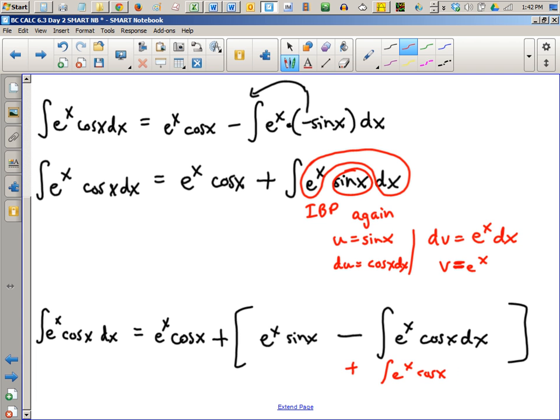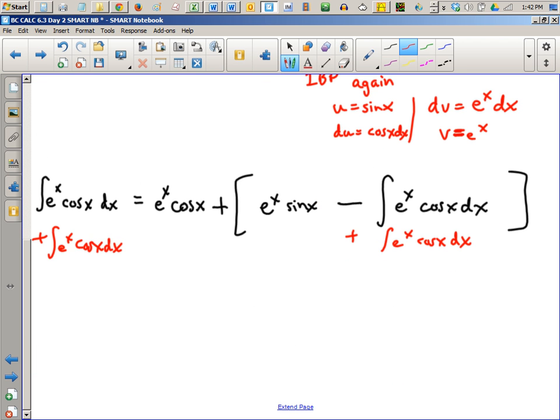So you add this over to this side, right? Now the left side has two identical e to the x cos x integrals. This side is just e to the x cos x plus e to the x sine x. And then I divide by 2.